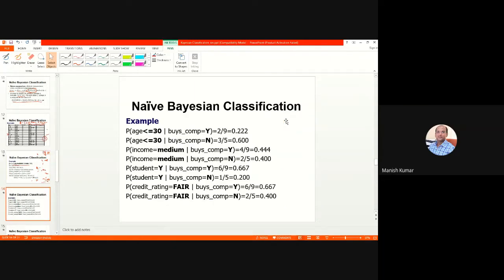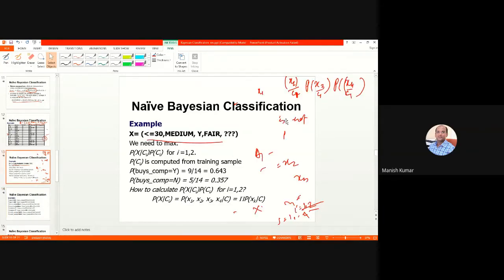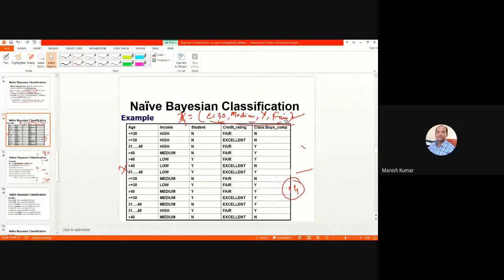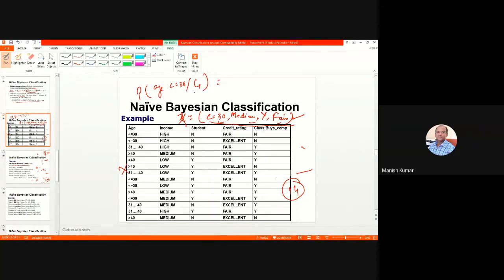So the first probability you look for is P(age less than or equal to 30 and class is yes), so C1 is nothing but yes.